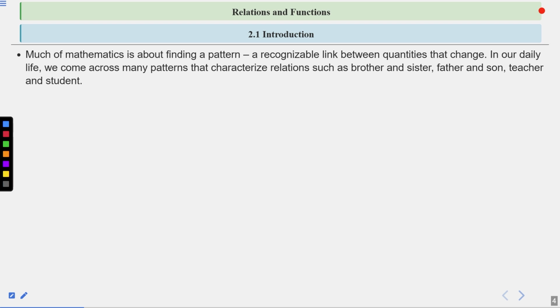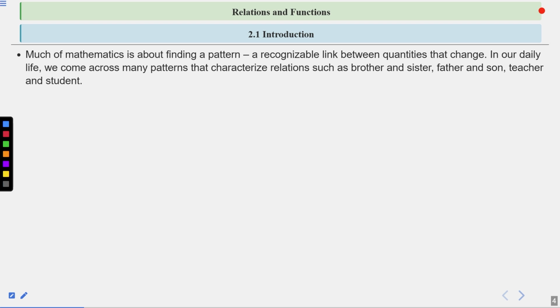Now, a small introduction. In mathematics, everything is about finding some pattern. Clear? A recognizable link between quantities that change.